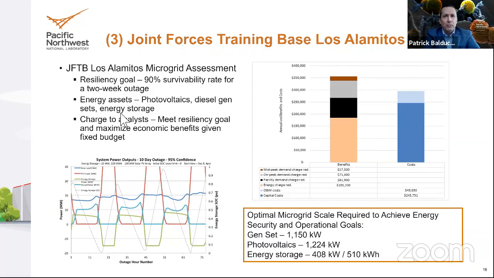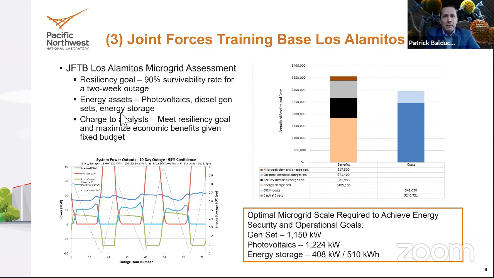So rather than focusing on the least cost alternative for meeting these goals, what we could do is focus on and define the lowest net cost of the system. So it included all the revenue that could be generated from the photovoltaics and the energy storage system.